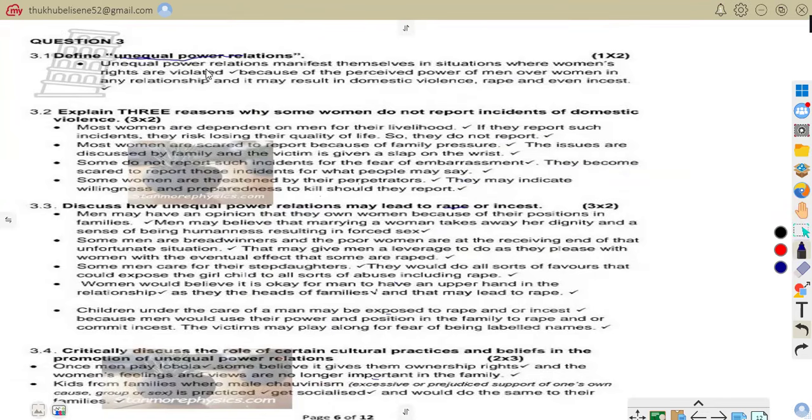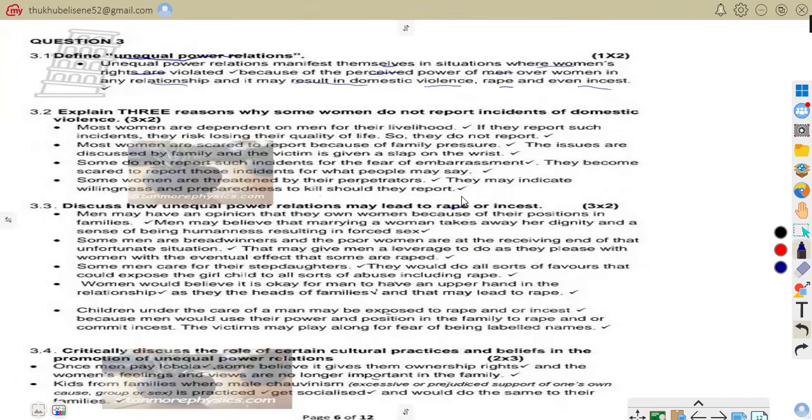As it says, unequal power relations manifest themselves in situations where women's rights are violated because of the perceived power of men over women. In any relationship, it may result in domestic violence, rape, and even incest.